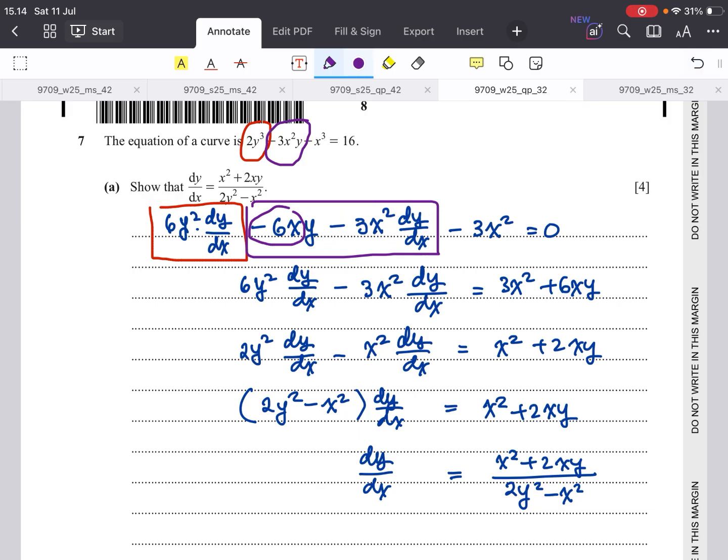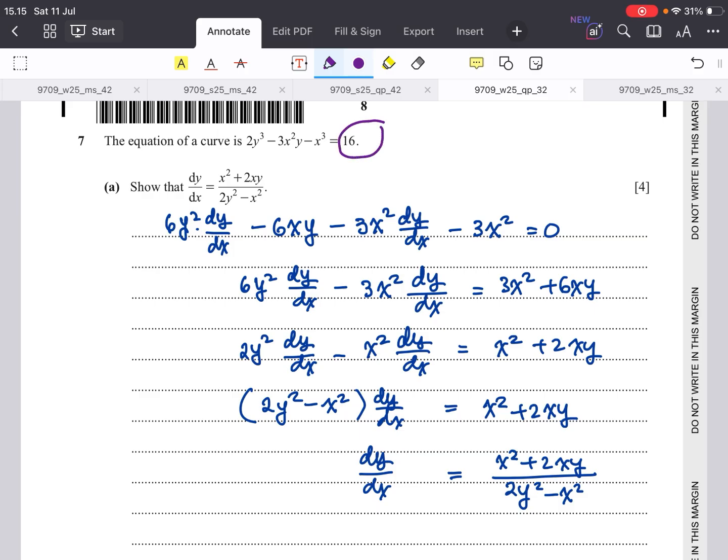The differentiation of y with respect to x is dy over dx. And then the differentiation of minus x cubed is very easy. It will be minus 3x squared. And the last, the differentiation of 16 is equal to 0.